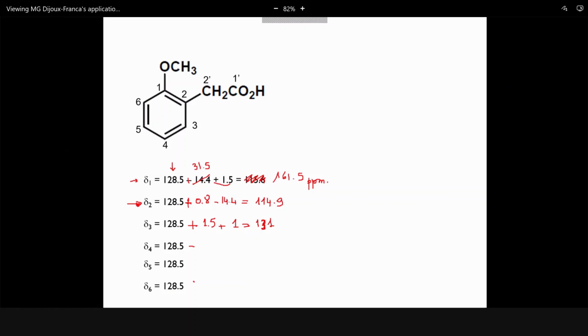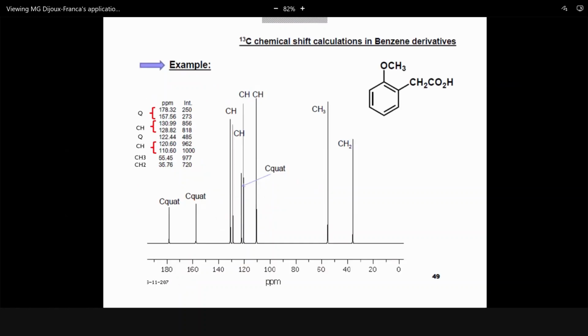So I have almost finished the lecture for the carbon 13. When we have made this calculation for the theoretical value, then we can compare it with the real spectrum.